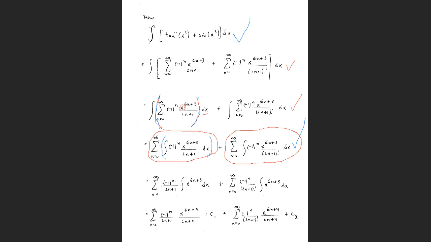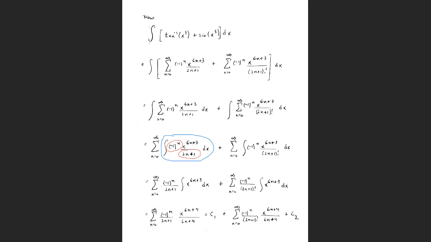Okay, now we need to do antiderivatives. So let's focus here on this first integral. What can I do with the -1 to the nth power and the 2n plus 1 in the denominator?